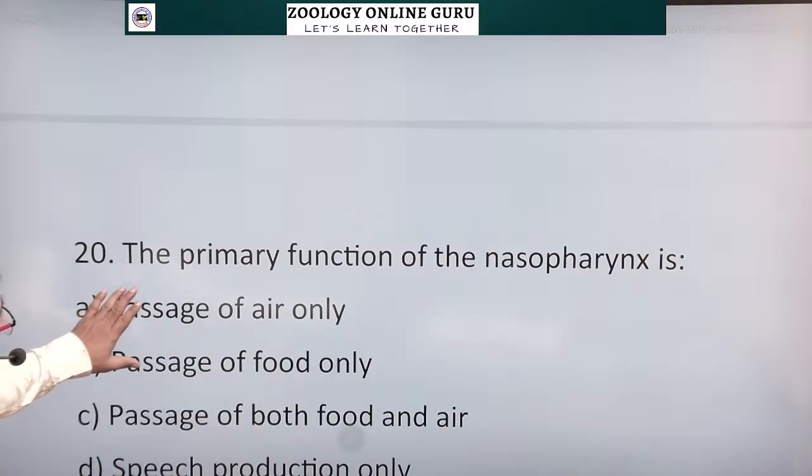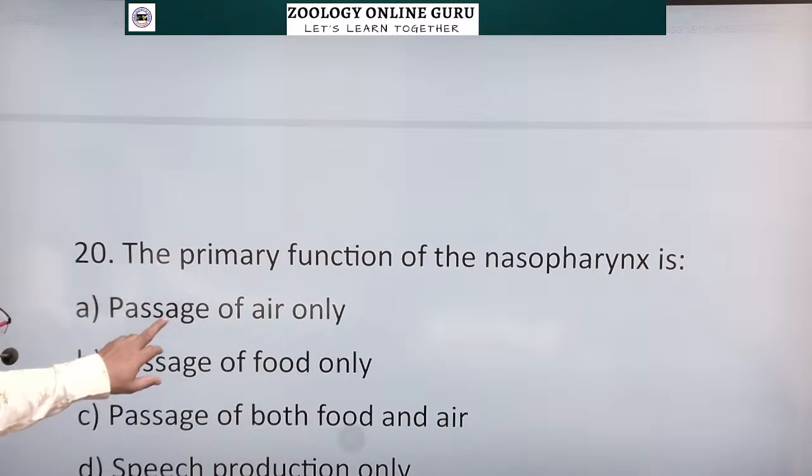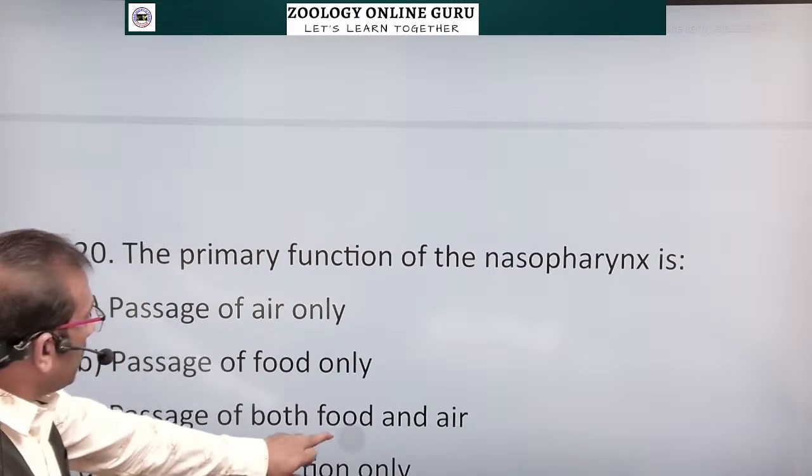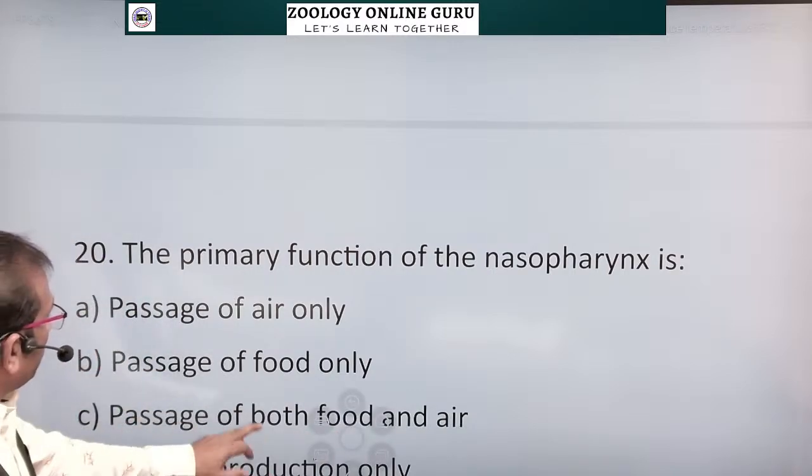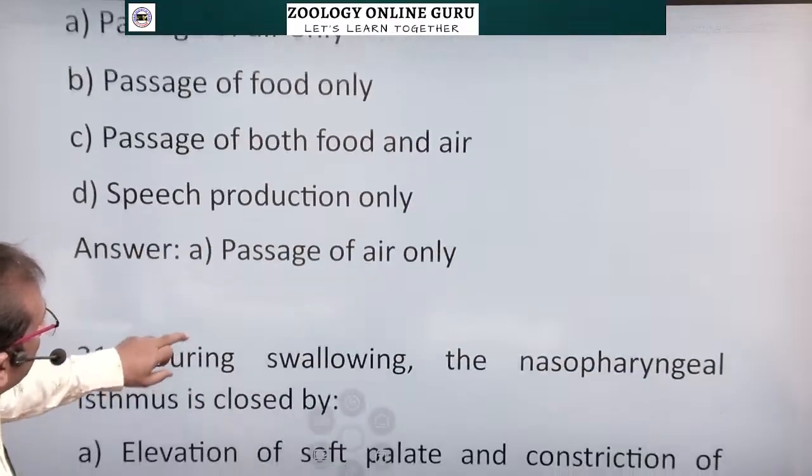For the primary function of the nasopharynx, the answer is passage of air only.